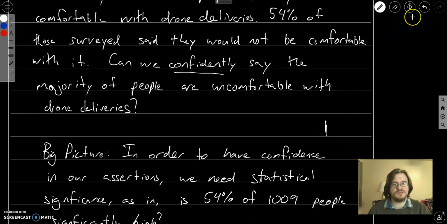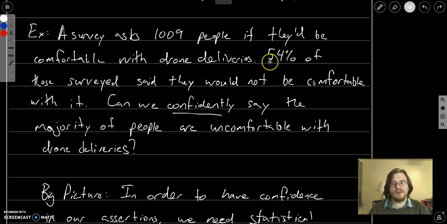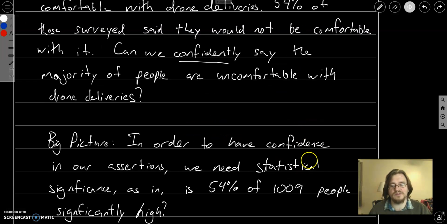We would be more confident if, say, 90% of people in the survey said that. But 54 is close enough that maybe the survey just got unlucky, and we asked a few people that would be uncomfortable with it. So our confidence here is what's being called into question. Is 54% a high enough number so that we can confidently say most people would be uncomfortable with deliveries?